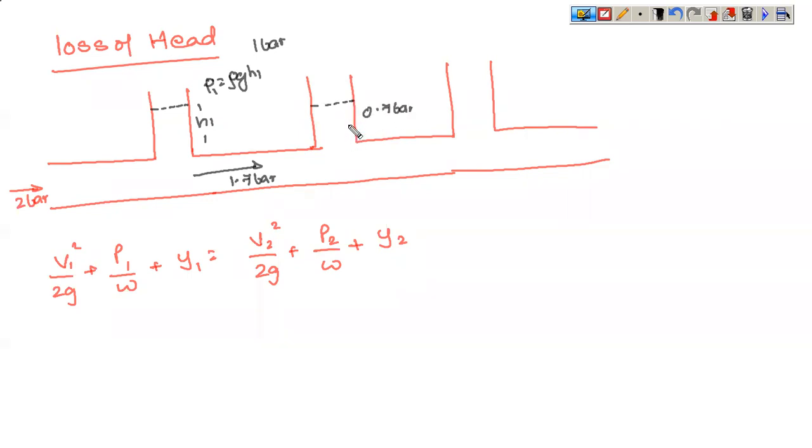Let this height be H2. So the loss of head will be H1 minus H2, because if it was a completely friction-free surface, all these heights would have been the same.